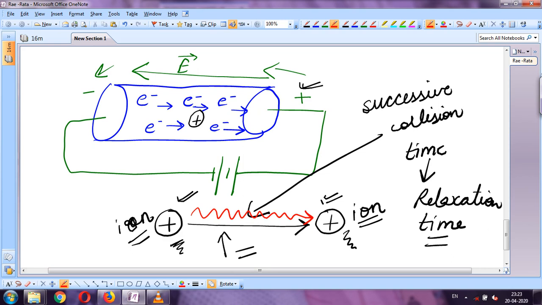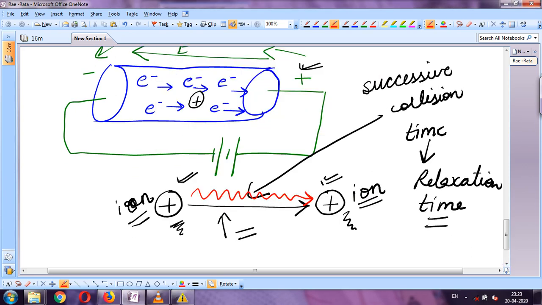So that's why this time is relaxation time. Now again, for different electrons relaxation time could be different. If the path is more, then relaxation time will be more. If the path is less, relaxation time will be less. Or it depends on the velocity of that electron.